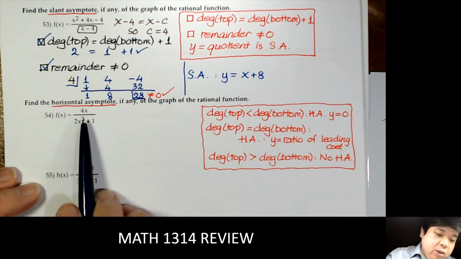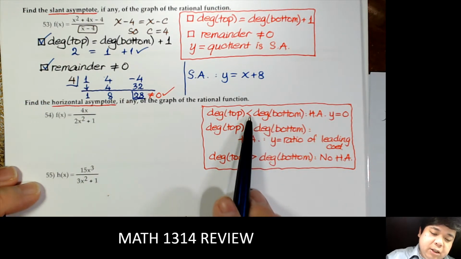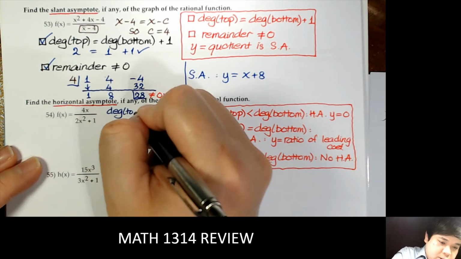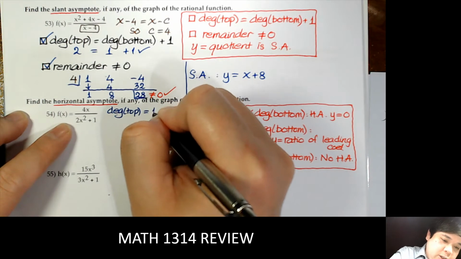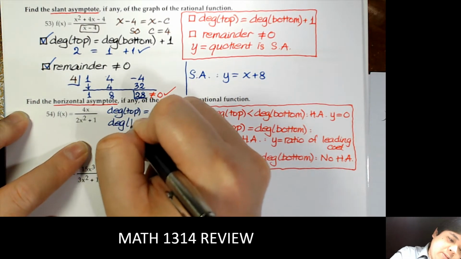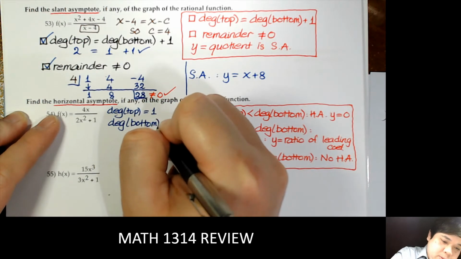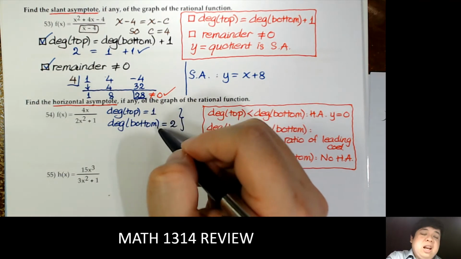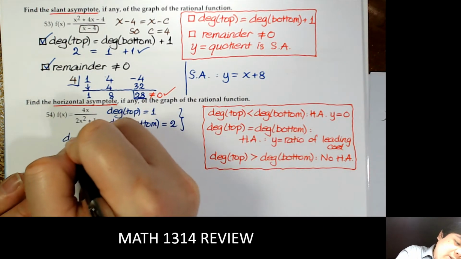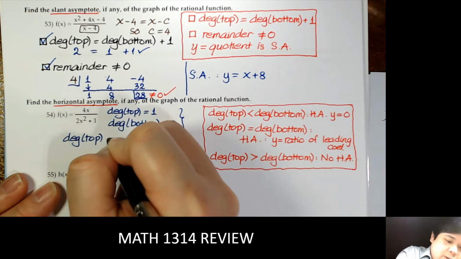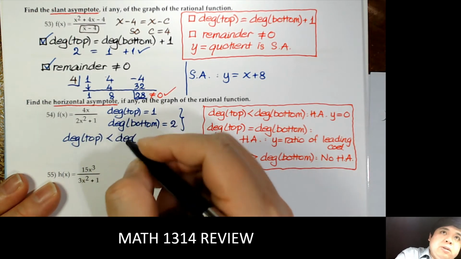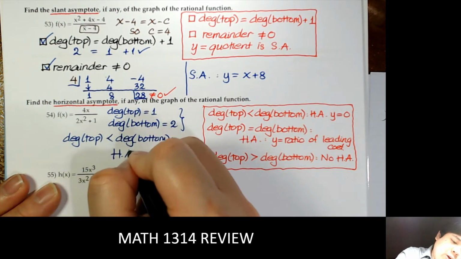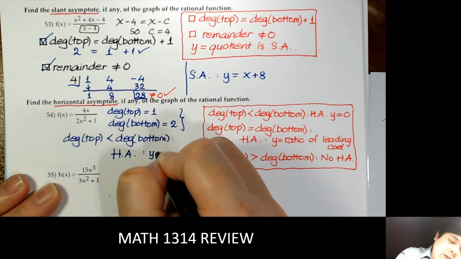So in this case, we have degree on top equal to 1, degree at the bottom 2, and degree on top is less than degree at the bottom. So the horizontal asymptote is y equal to 0.